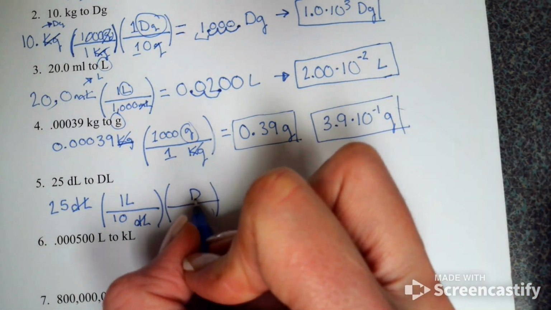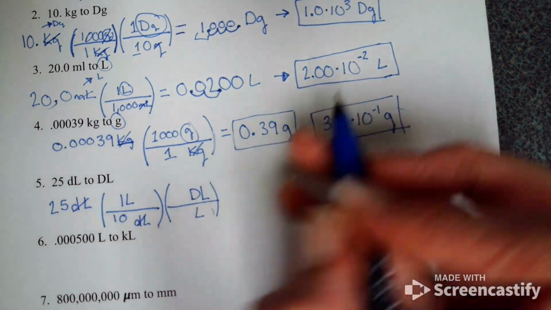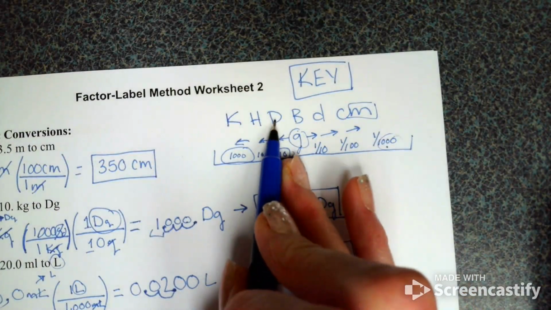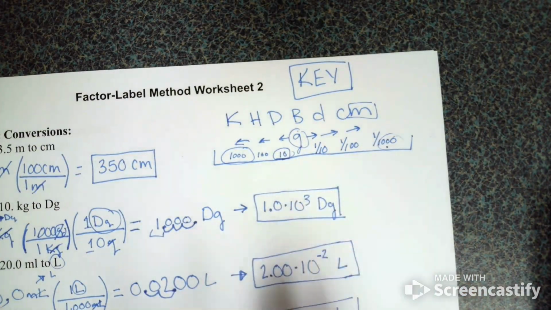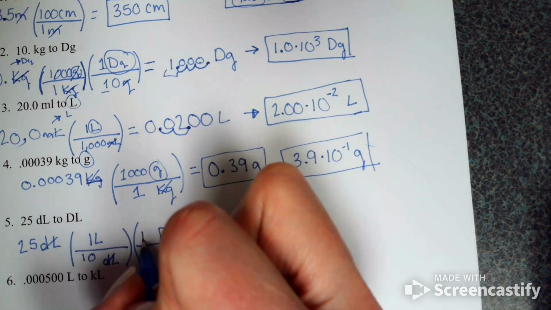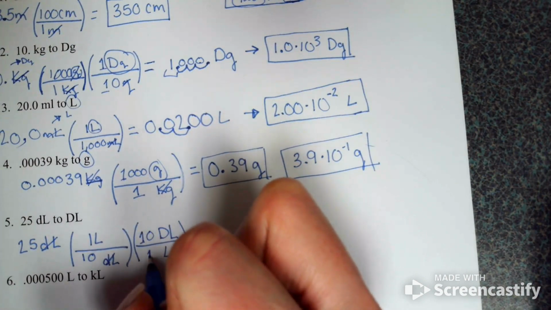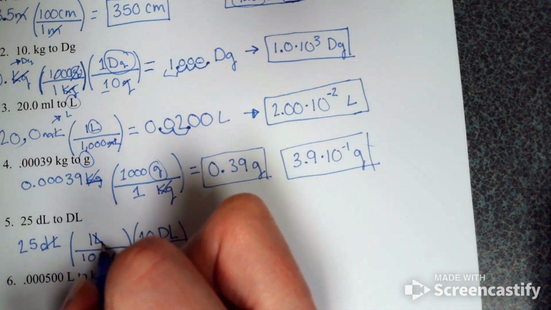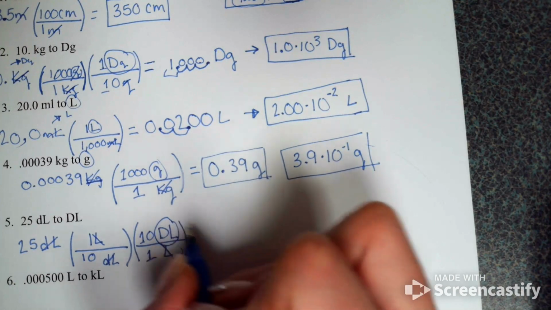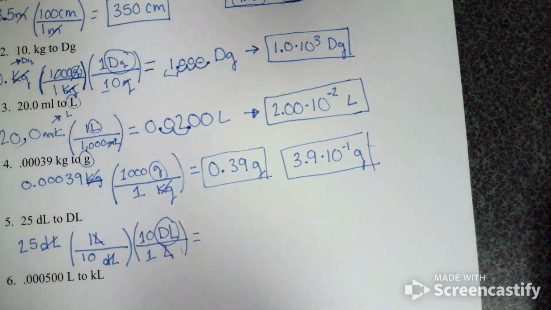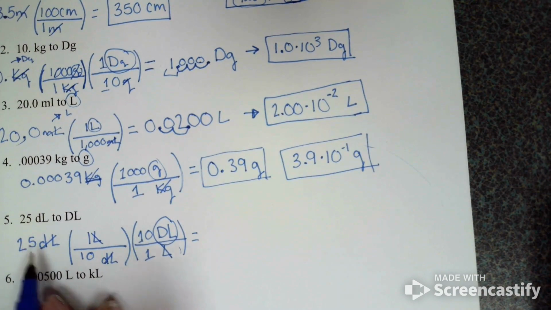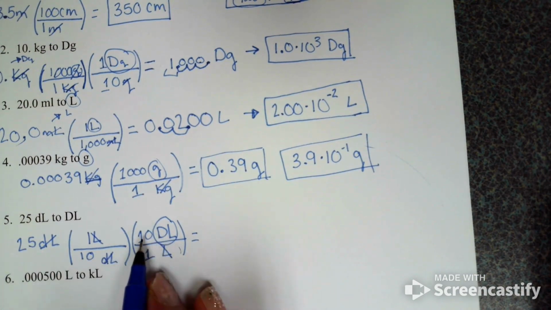And I'm going to have deciliters on top. There are 10 deciliters in 1 liter. My liters cross off. I'm in deciliters. 25 divided by 10, multiplied by 10.